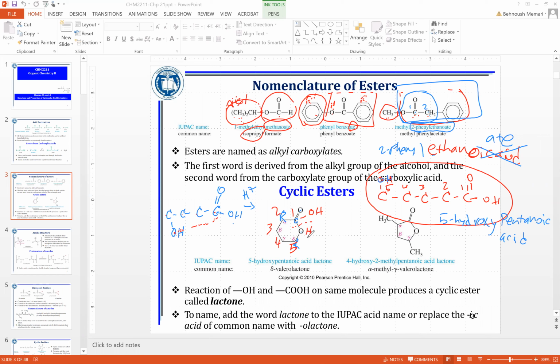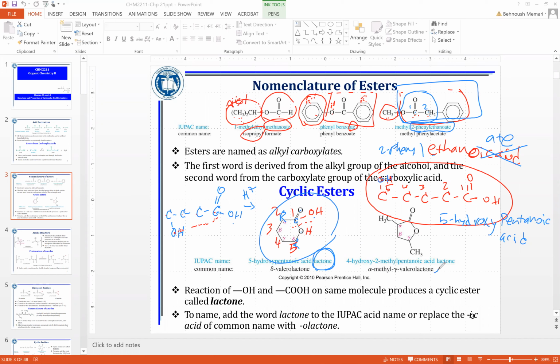But this compound, if you want to name this compound, you have to add the word lactone. So you first open the chain or the cyclic system, open it to open chain, carboxylic acid and alcohol, then name it as acid, add the word lactone, and that would be IUPAC naming for that.